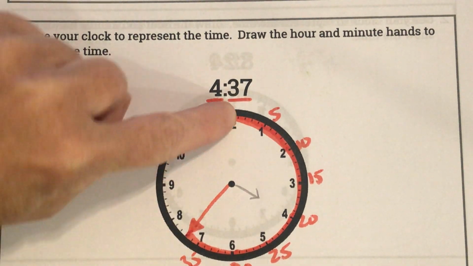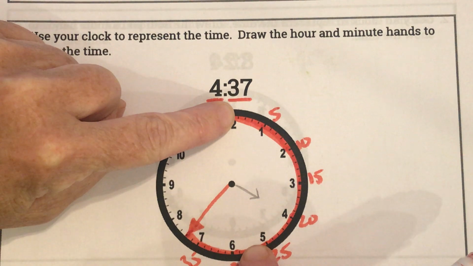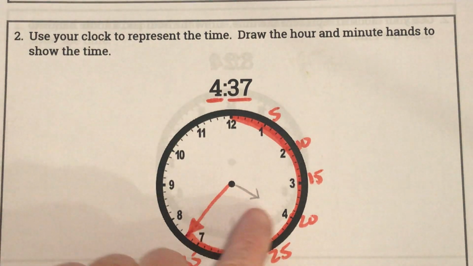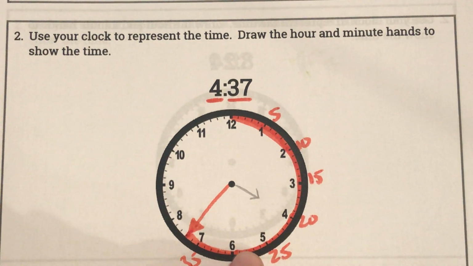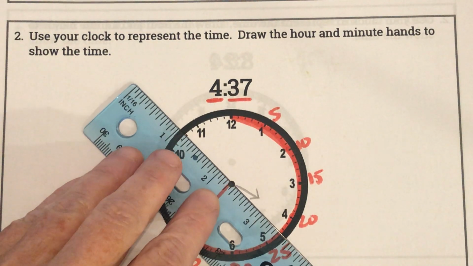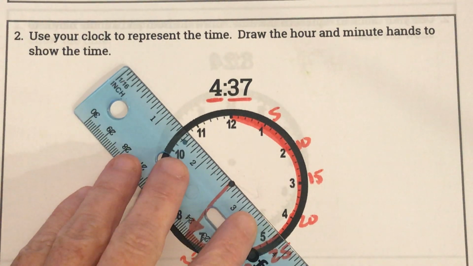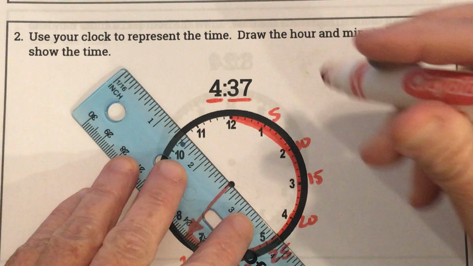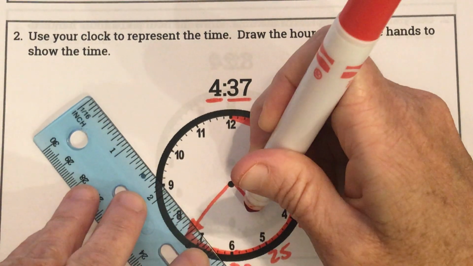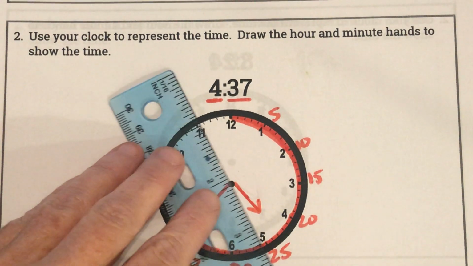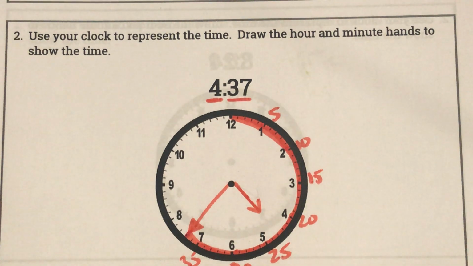Because when the minute hand hits here, that means an hour's happened and my hour hand needs to move to 5. So my hour hand wouldn't really be pointing to exactly 4. It would actually be closer to 5. So instead of putting it pointing to the 4, I would probably put it right about here, in the middle, but a little closer to the 5 than to the 4. It can't hit the 5 though yet. So it has to be between the 4 and the 5.